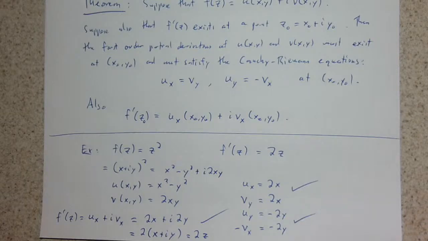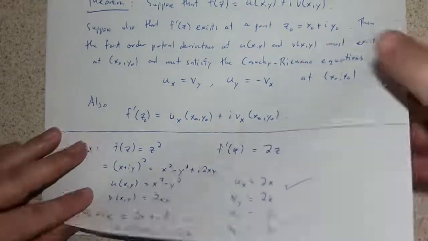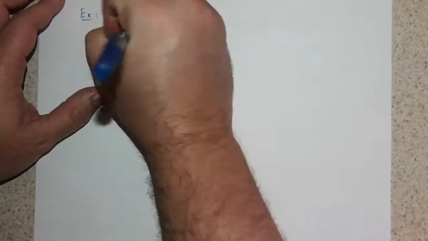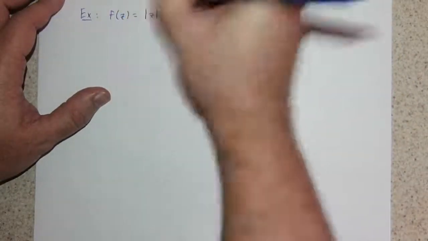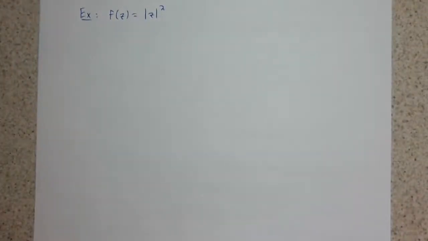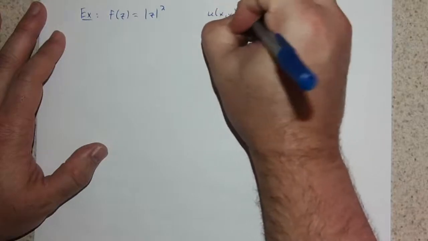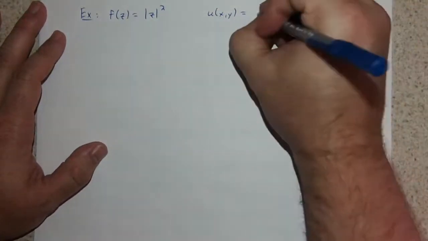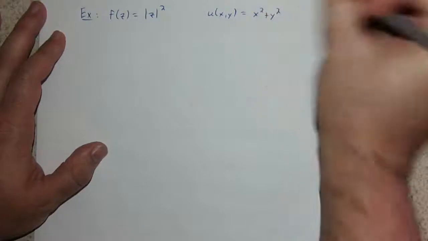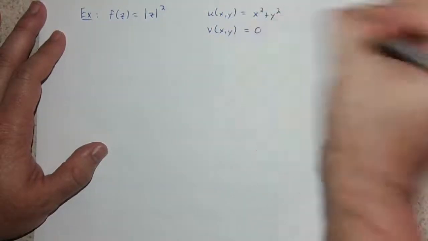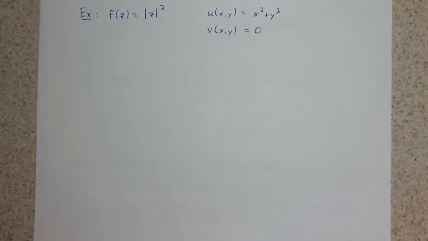So let's do another example of this. Let's go back to one of our other favorite examples, modulus squared. So f of z is equal to modulus z squared. In this case, what are u and v? u of x, y is x squared plus y squared, and the imaginary part is 0 because this function is real valued.